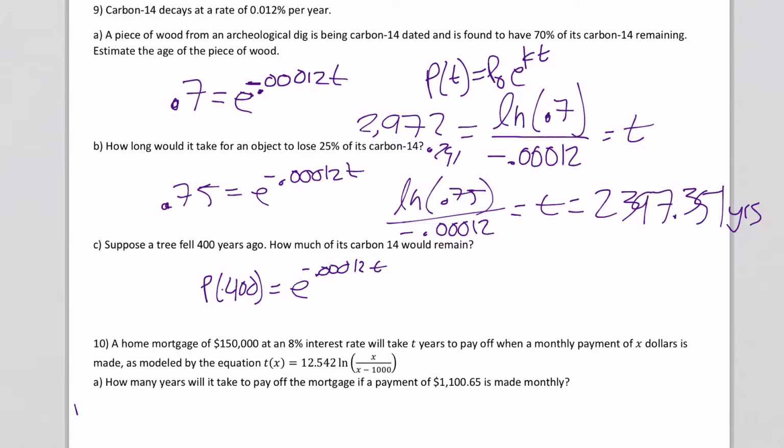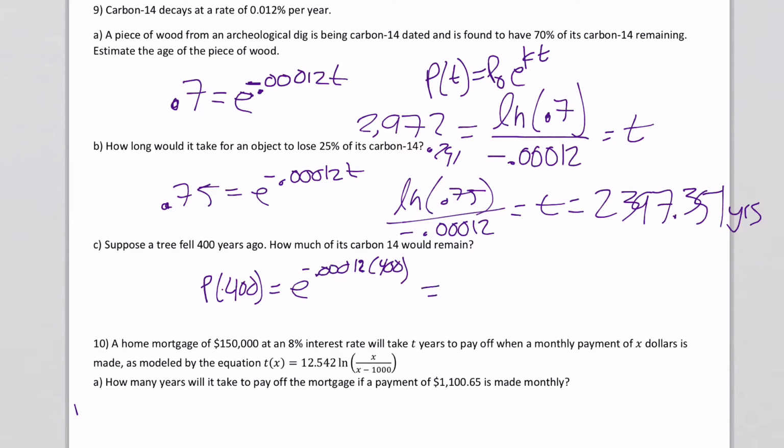And when we solve it for t, which means we need to do the same exact thing we've just done like 12 times, right? Except that's a lie, because we know the time. We know the time is 400. So this one's actually just plug it and chug it. Type that in. E to the power of negative 0.00012 times 400.